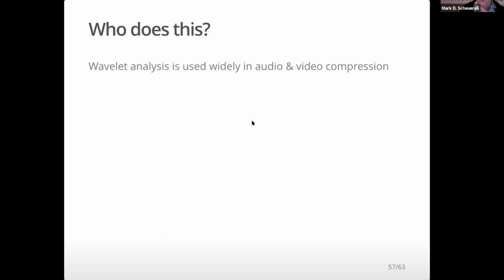Okay, who on earth does this stuff, right? Back to Jessica's question earlier in the class, why on earth would you do that? Well, wavelets show up a lot in audio and video compression, right? If you have some massive amount of sound or video, that's often described as amplitude and frequencies.